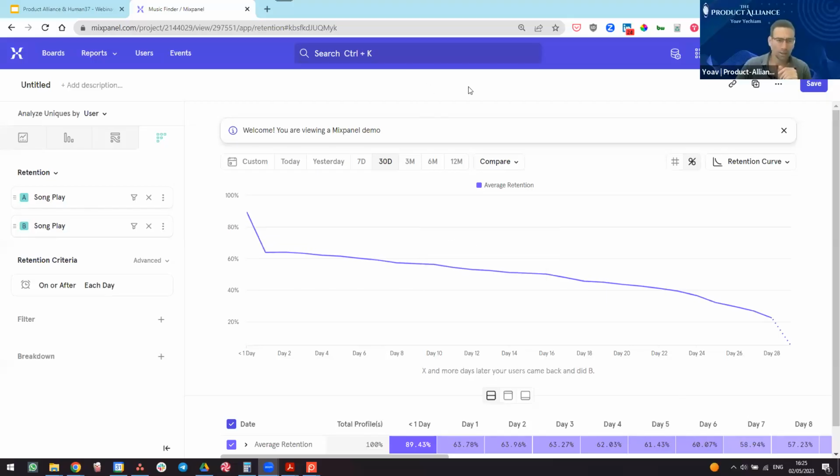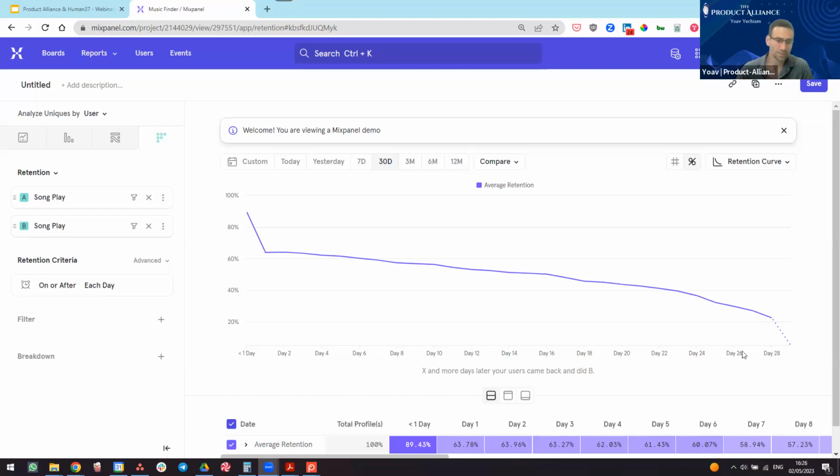Okay, so I'll give you a quick look of how it looks in a retention report. A retention report, in theory, is one of the most critical reports you can get, because retention is one of the most important value-representing metrics. A user that comes back is usually a user that is happy with the product and gets value out of it.